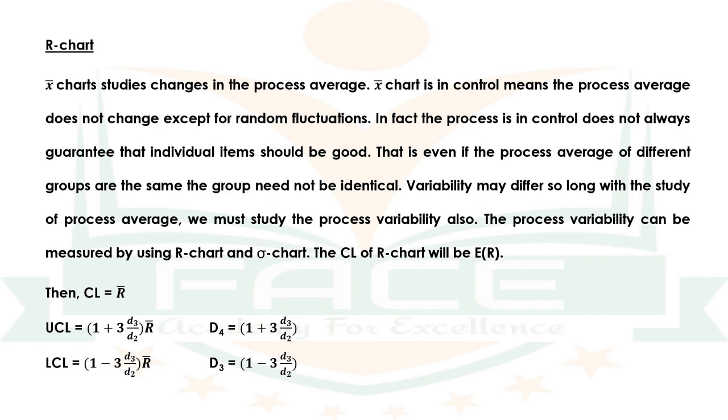That is, when we calculate UCL, we can substitute D4 in the place of 1 plus 3 d3 by d2. And LCL is 1 minus 3 d3 by d2 into R bar, where D3 is 1 minus 3 d3 by d2.